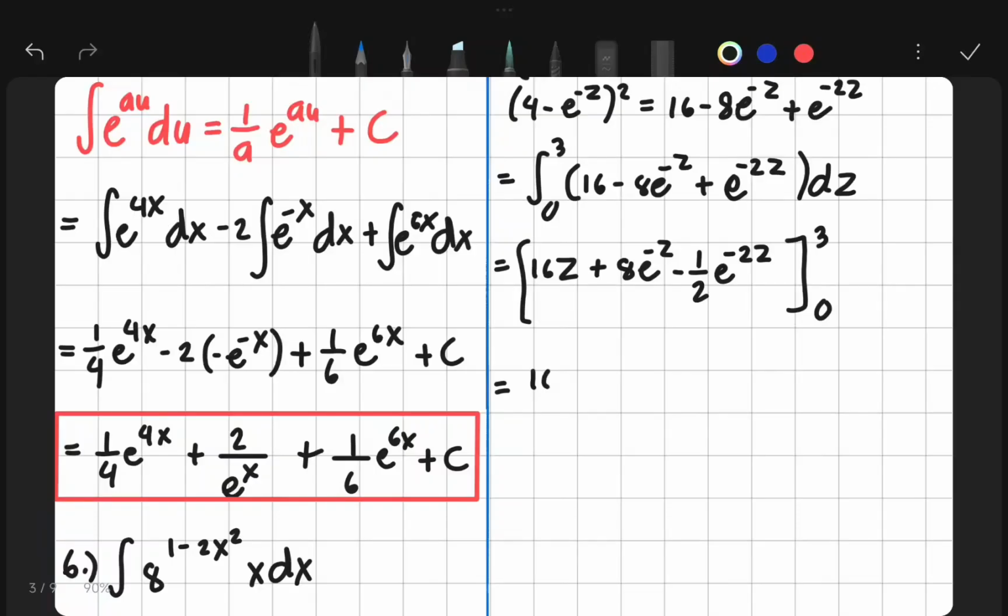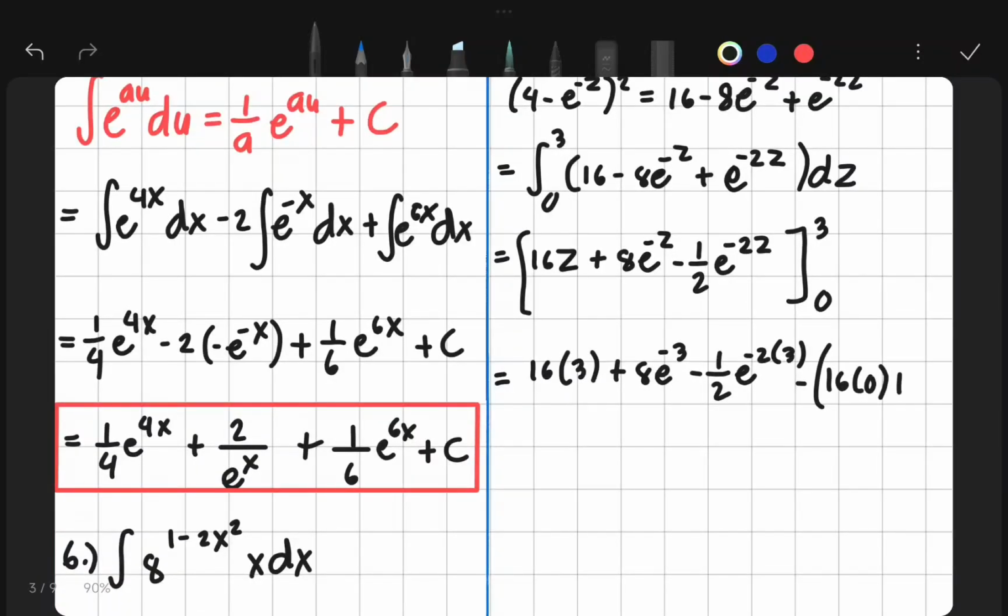This will become 16 times 3 plus 8 e raised to negative 3 minus 1/2 e raised to negative 2 times 3, minus its lower limit, which is 16 times 0 plus 8 e raised to 0 minus 1/2 e raised to negative 2 times 0.